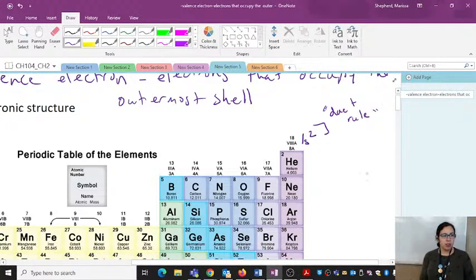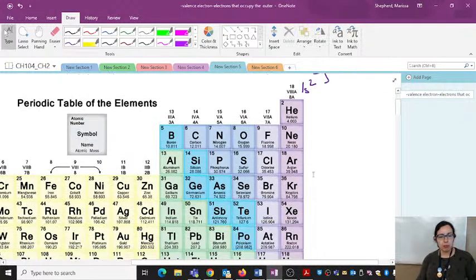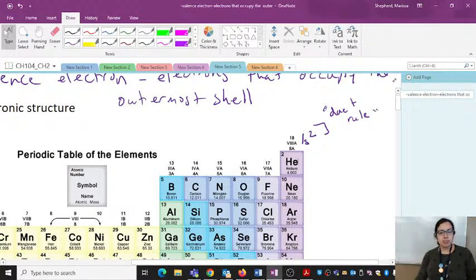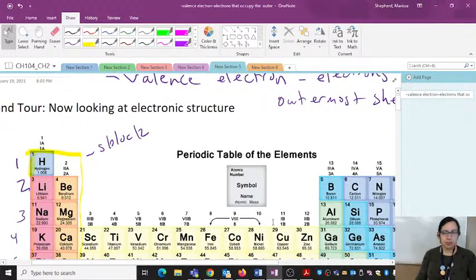We use the octet rule to refer to everything else, basically saying they have the maximum number of electrons and they're happy. But for helium, it's appropriate to say it's satisfied by the duet rule, since it has 2 electrons and only has s orbitals.